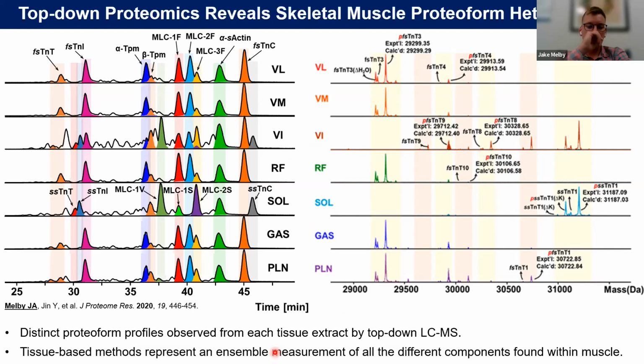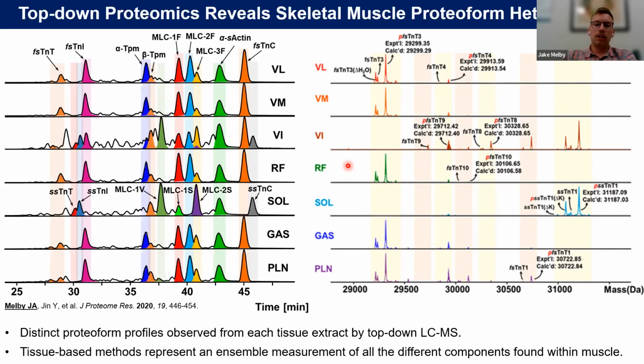But one of the challenges with performing proteomics measurements at the tissue level is that your results are an ensemble measurement of all the different components found within muscle. A few slides ago, I showed that in muscle, there's a hodgepodge of different things, such as blood vessels, nerves, fast and slow twitch, single fibers.